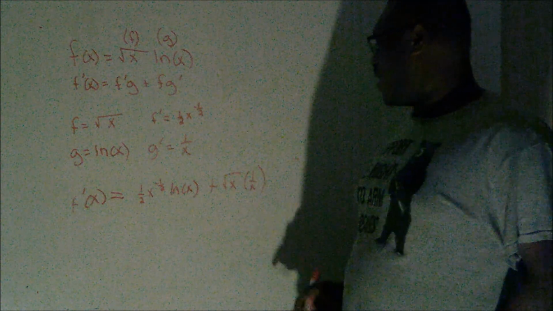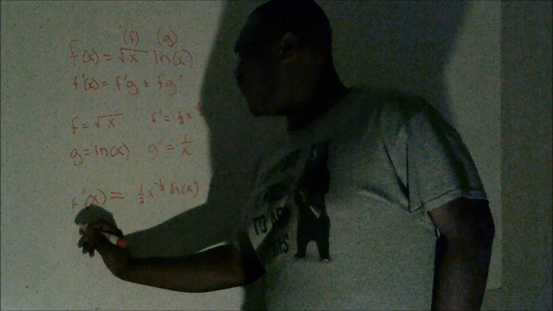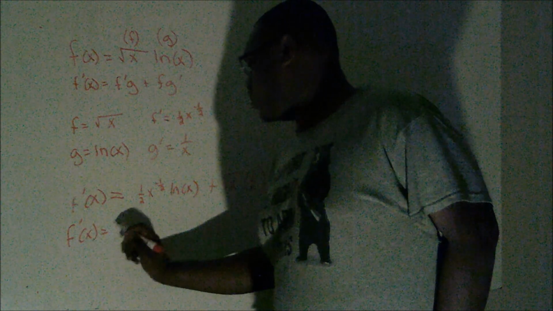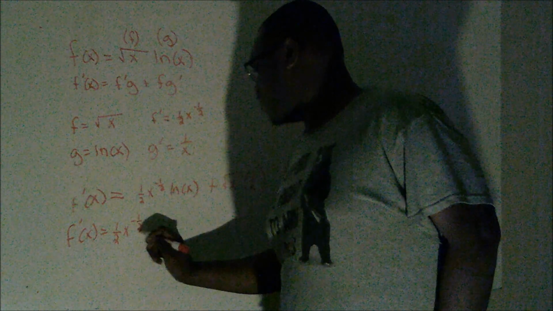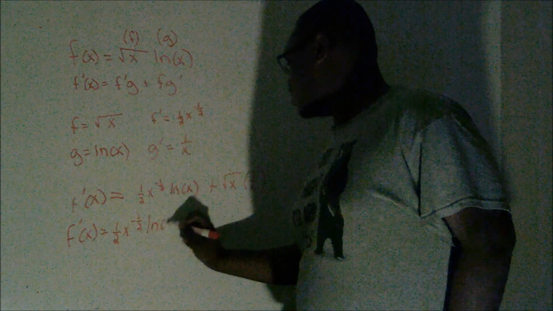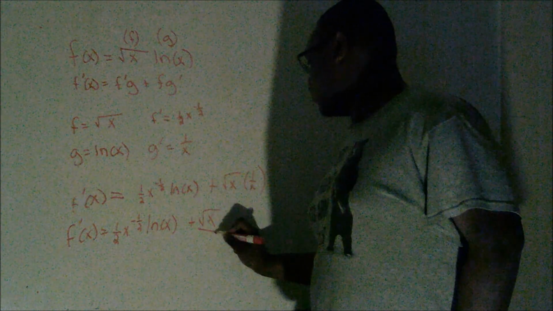And if we want to simplify that answer, just to make this x be a denominator of this entire thing, our final answer will be f prime of x equals 1/2 x to the negative 1/2 times the natural log of x plus square root of x all over x.